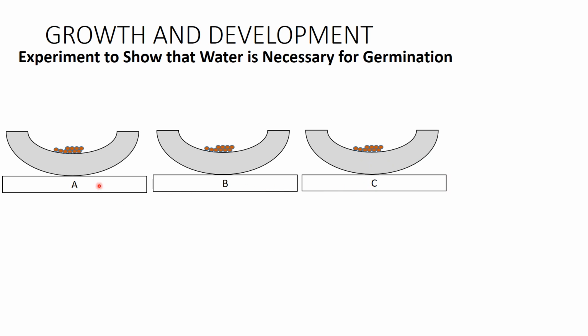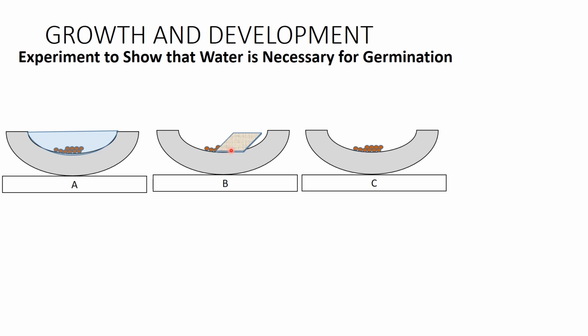On A, we're going to make sure that A has no water. Then on B, we're going to put water. We're going to make sure that the seed is surrounded by a lot of water. Then on C, we're going to get a wet cotton wool, and we'll keep on sprinkling this cotton wool here so that it is always wet.